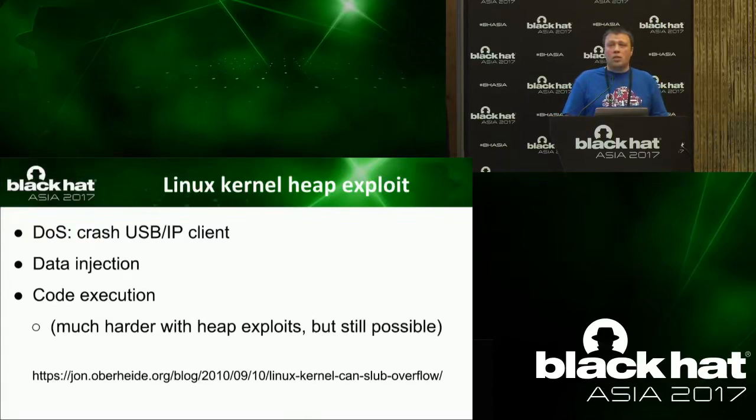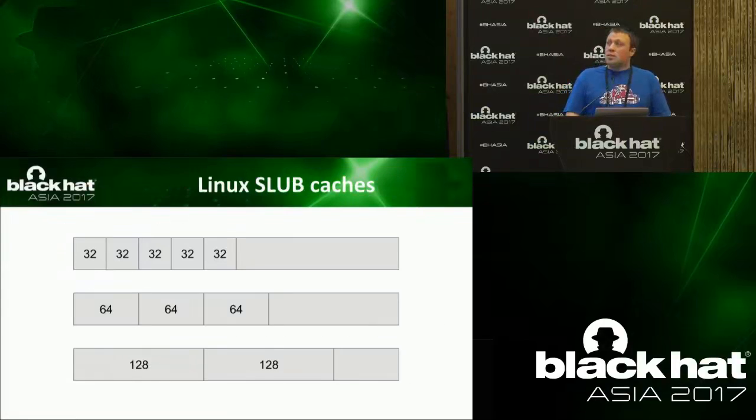It previously used a vulnerability which led to kernel heap exploitation, and this blog post has step-by-step code examples of how to gain code execution on the compromised system and elevate your privileges there. However, the USB/IP vulnerability is actually more flexible for the attacker than most of the other kernel vulnerabilities.